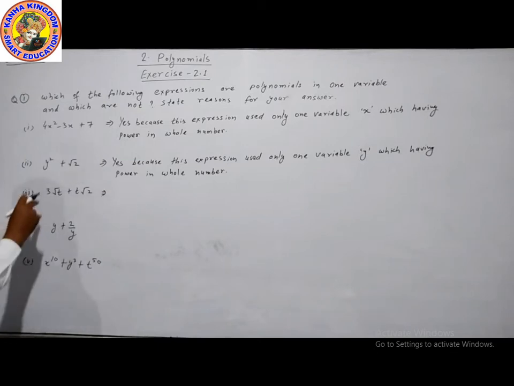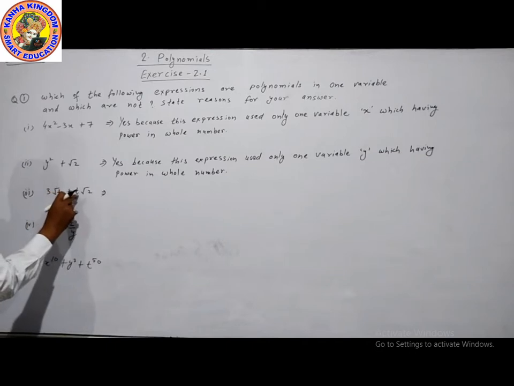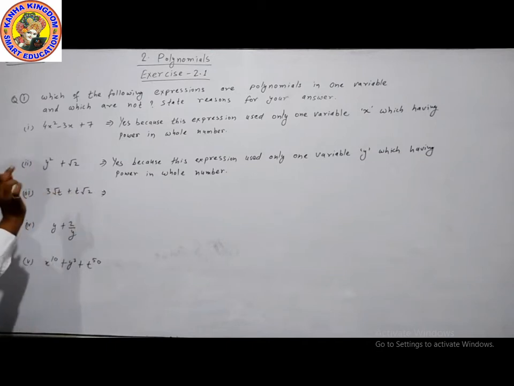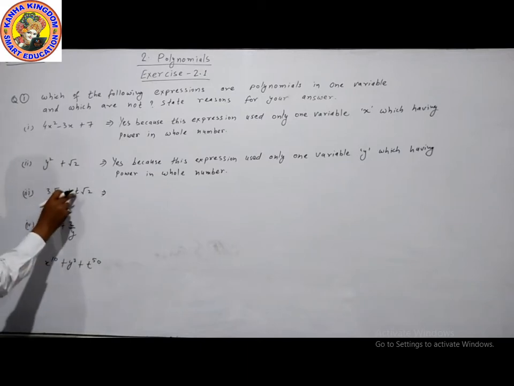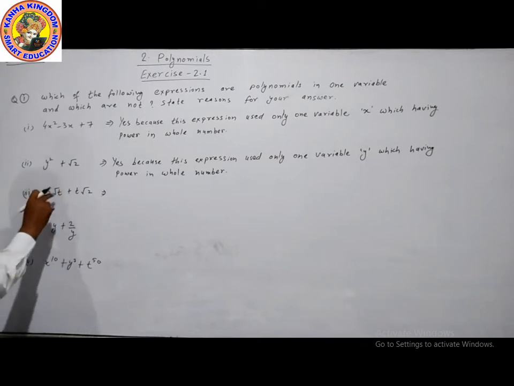Then third, 3 root t plus t root 2. Here variable is t, only one variable, but power of t is 1 and power of t is half. When power is half, not a whole number, so this is not our polynomial.